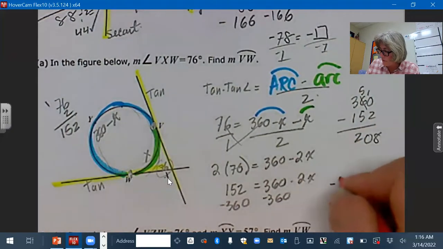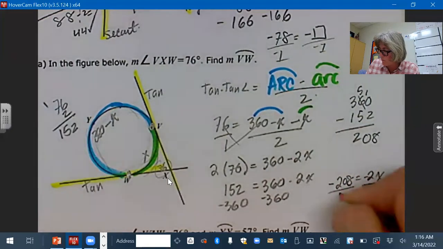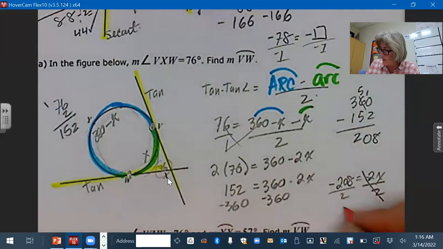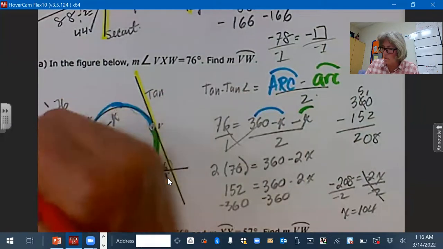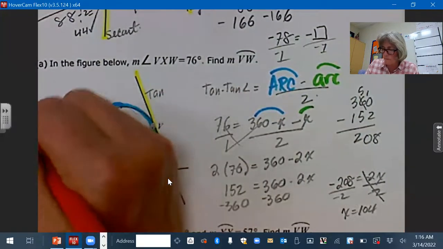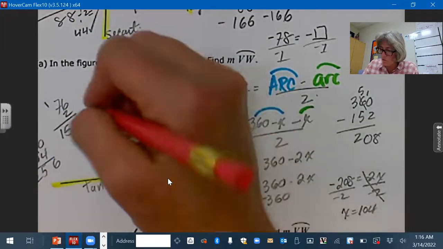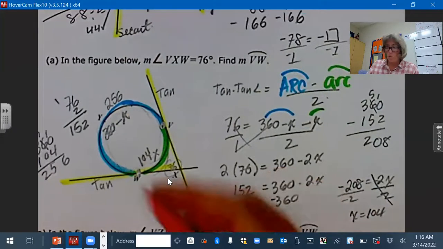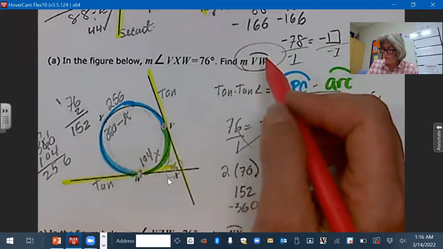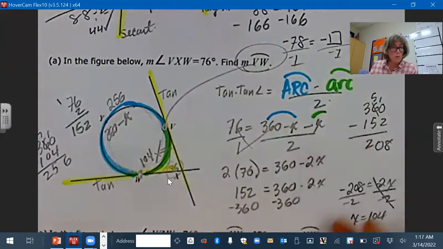So I have negative 208 equals negative 2x. We're going to divide by 2. And we get negative 2. And we get x equals 104. So 360 minus 104. That's 6, that's 5, and this is going to be 256. So your big arc is 256, and your small arc, which is the green one, is 104.